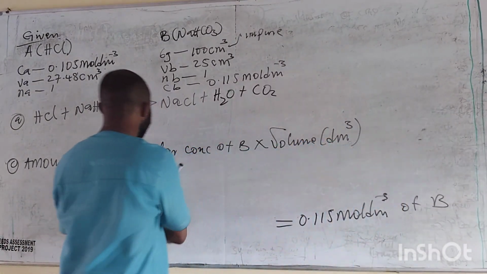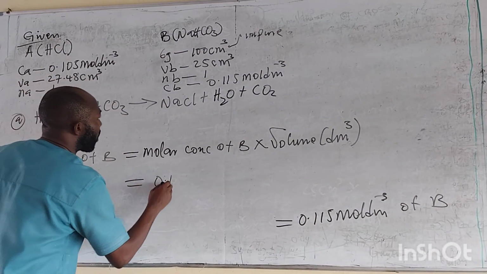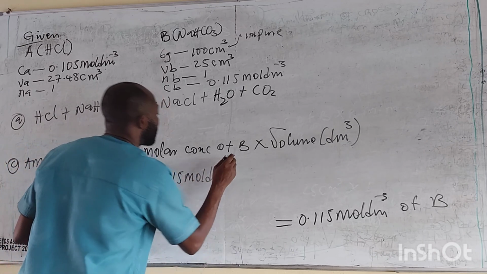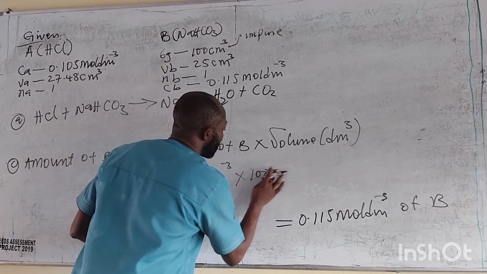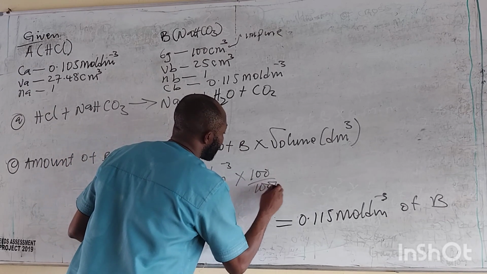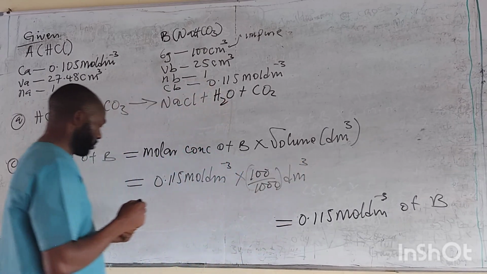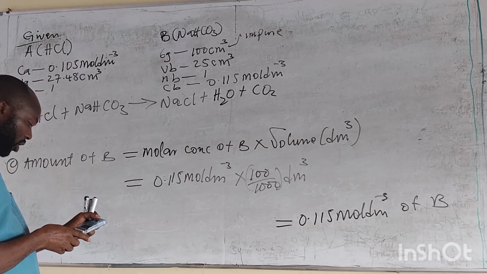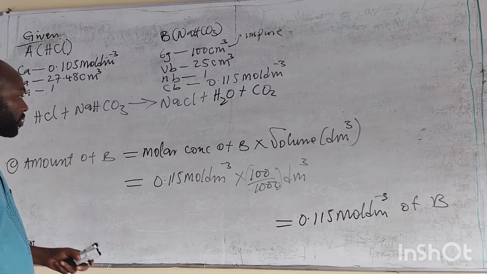So the molar count of the base is 0.115 mole per dm³ times the volume they gave us, 100 over 1000. We have to convert it to dm³. 100 divided by 1000 is 0.1 dm³.